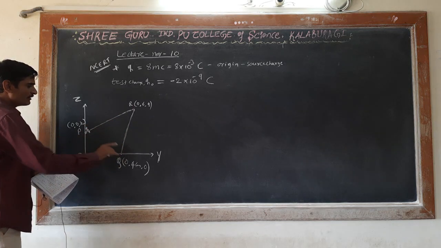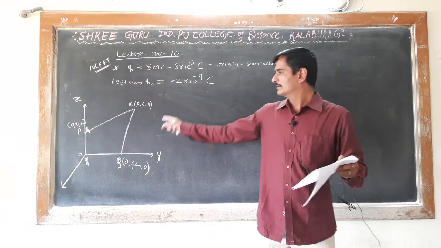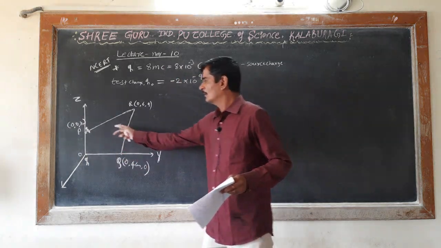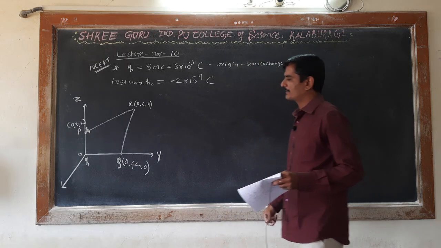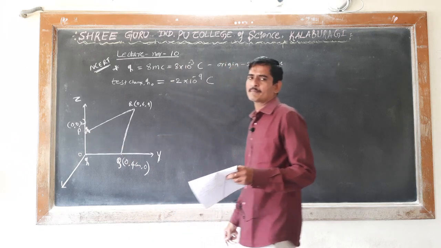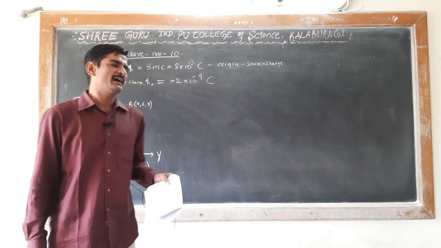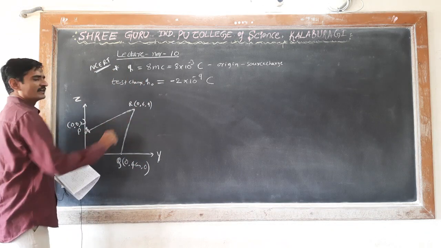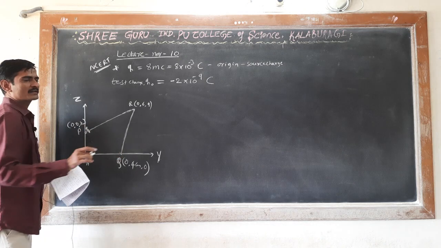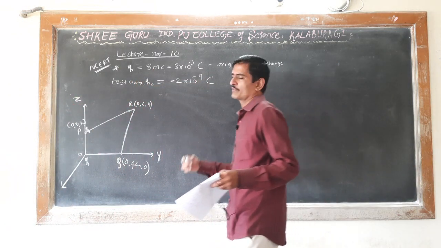Whether the work done depends upon the path followed or not: this is electrostatic work done, and work done in the electrostatic field does not depend upon the path followed. So the point R does not matter. We have to bring the charge q naught from the point P to Q, so work done only depends upon the initial position and final position. All these things we know from the theory.